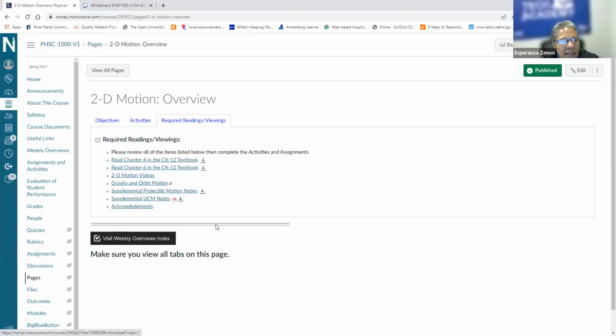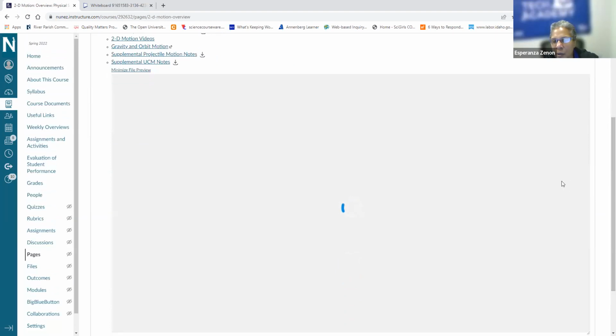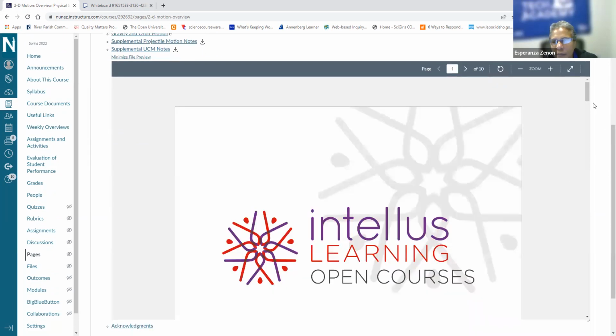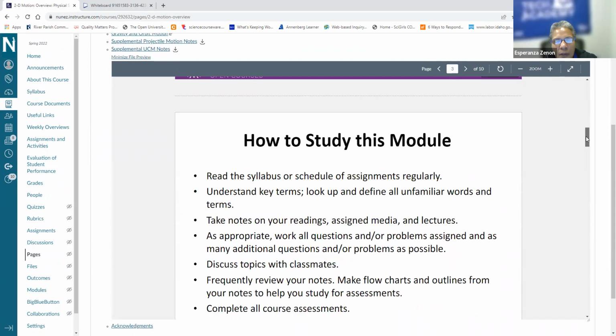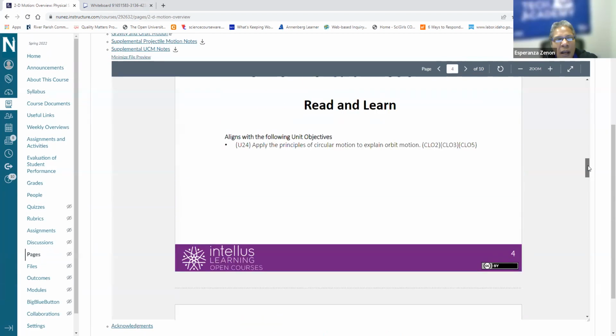So now let's get into the circular motion notes, because remember, my goal is to give you enough background today so that on Thursday we can do some sample problems. Our primary goal here with circular motion is to get some background so that we can deal with orbit motion.